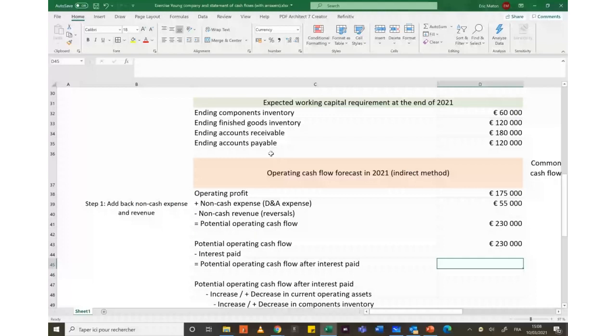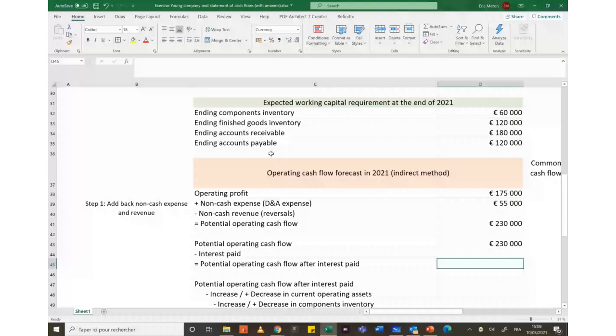Now we need the increase or decrease in current operating assets, and the increase or decrease in current operating liabilities. So what we need is the change in working capital requirement, or operating working capital. In the components, we increase the components by 60,000 because we start from 0.